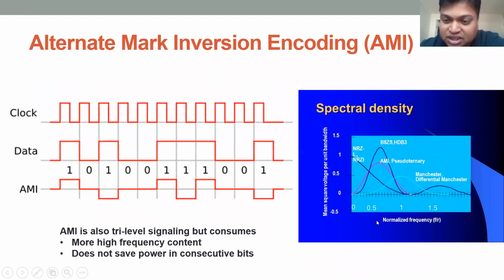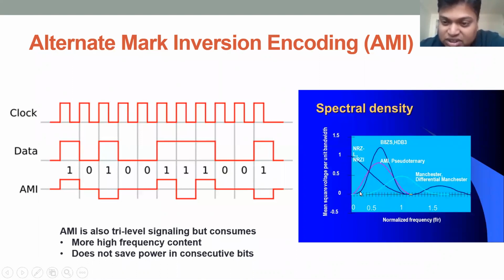This spectral energy versus frequency plot captures that DC content I'm talking about. If you look at energy signaling, it has significant energy at 0 frequency, meaning at DC. But with some sort of coding, it is able to reduce the content at DC, because any AC coupled interface will not be able to support the DC.